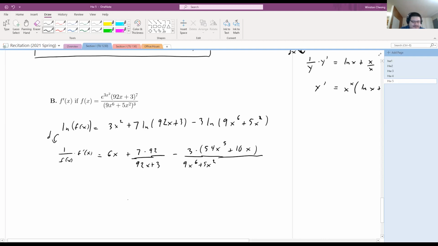The last step is the annoying one where you just have a lot of hand movement, but nothing else. You should always sub back in the original function. So you shouldn't just write f of x, but you should actually copy down what it is. 9x to the 6 plus 5x squared raised to the 3rd.